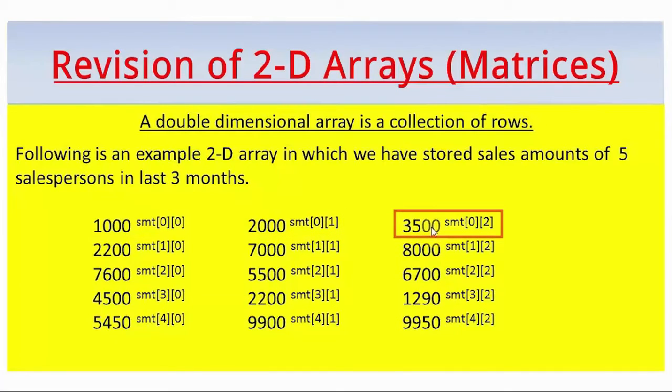Similarly, the third element, the element which is at the first row and third column, would be represented as SMT02. Similarly, SMT10, this is the element which represents the value at second row, first column, and so on. So because we are using a 2D array, we will have to use two subscripts. The first subscript is for mentioning the row number, and the second for the column number.